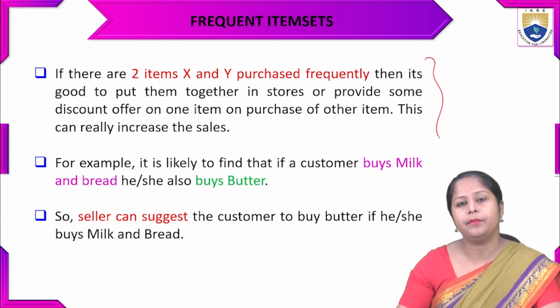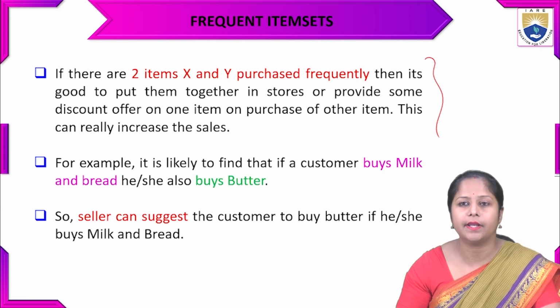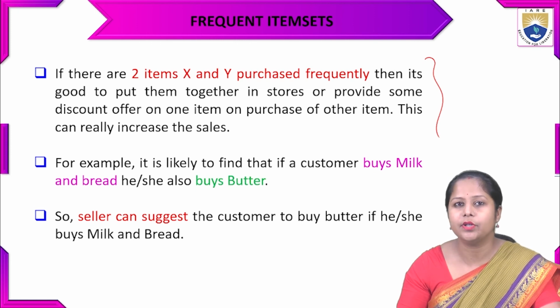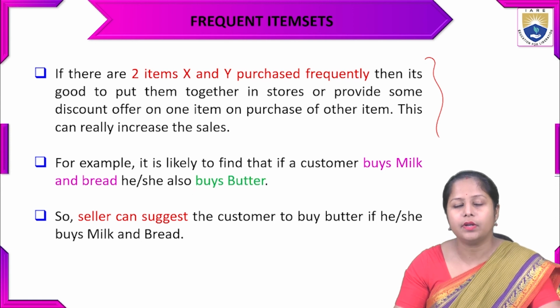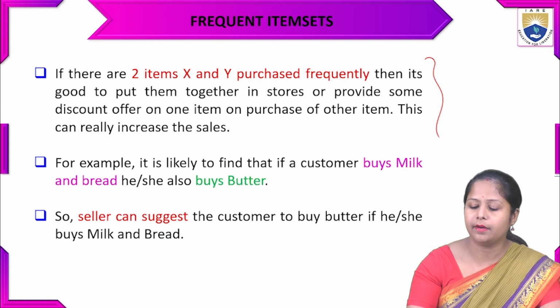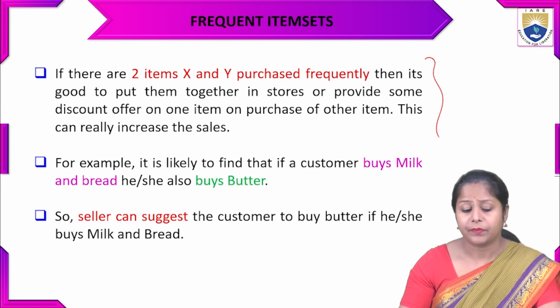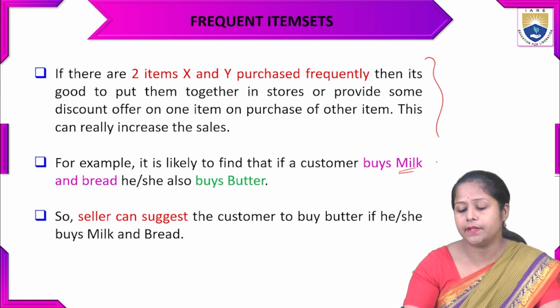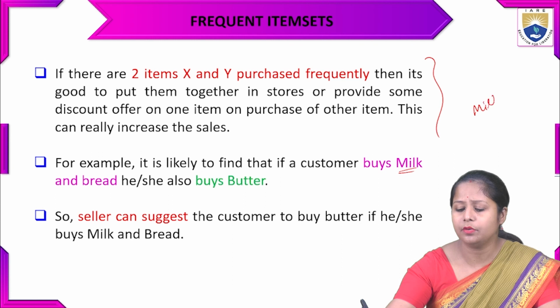For example, if a customer goes to a supermarket, a simple shop, and goes to take a milk packet, there is a possibility that the person is going to purchase bread as well.